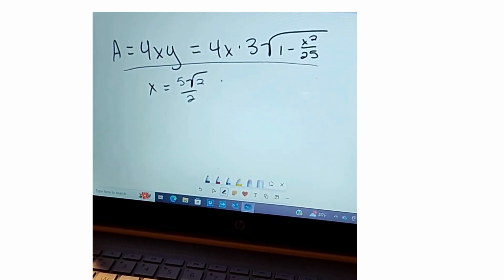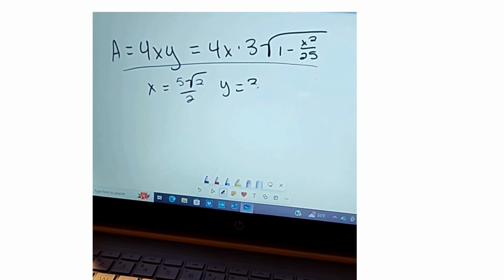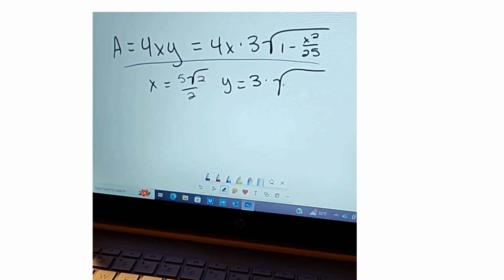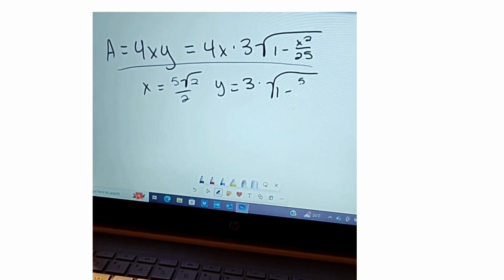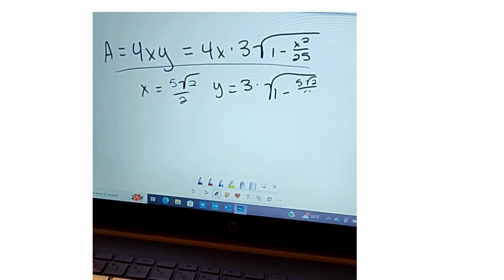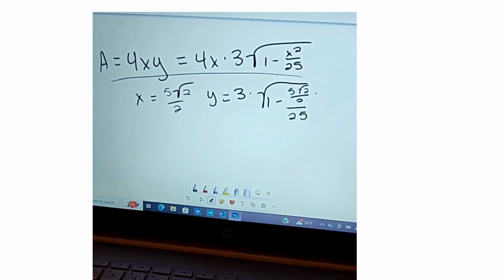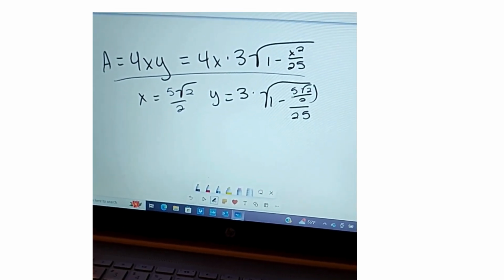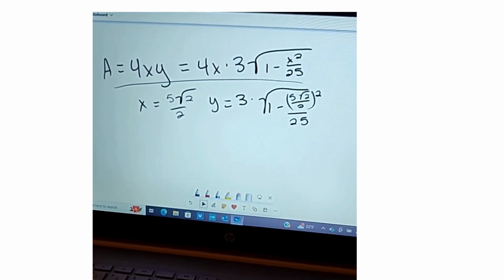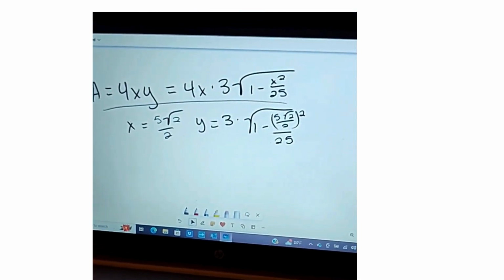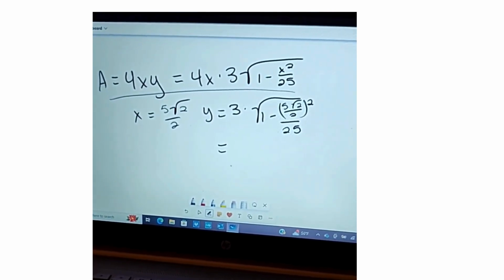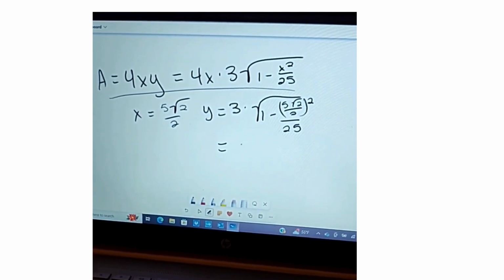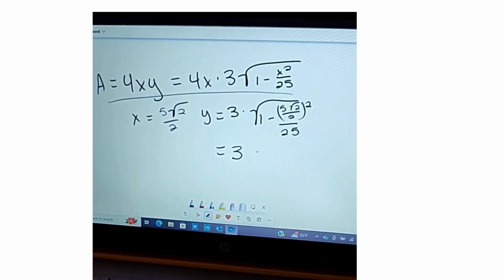And for y equals 3 times square root of 1 minus 5 square root of 2 over 2 over 25. Don't forget the square. Okay.